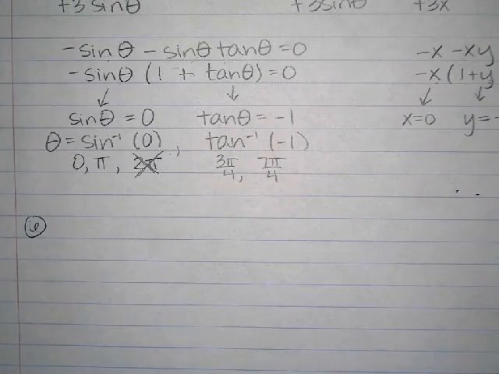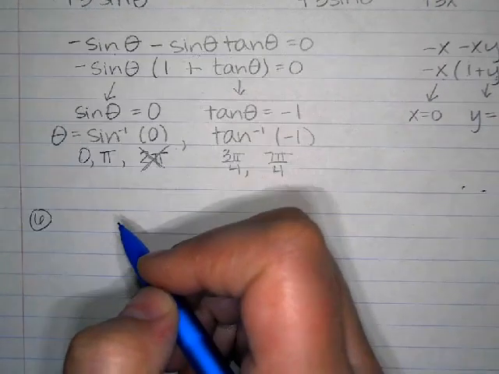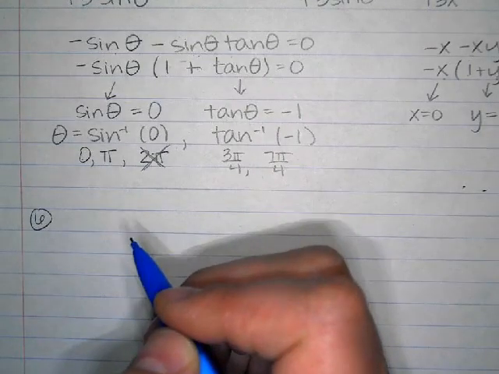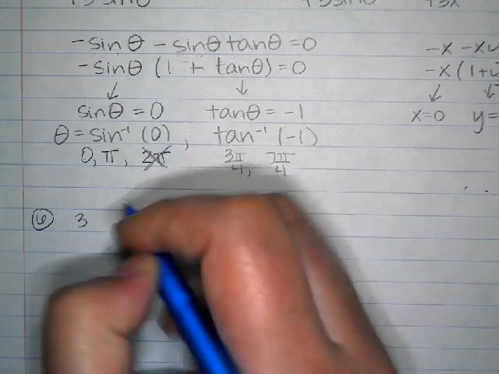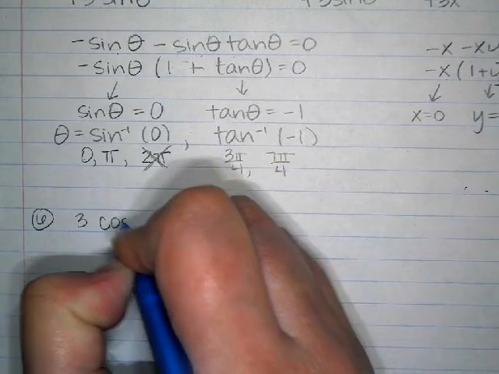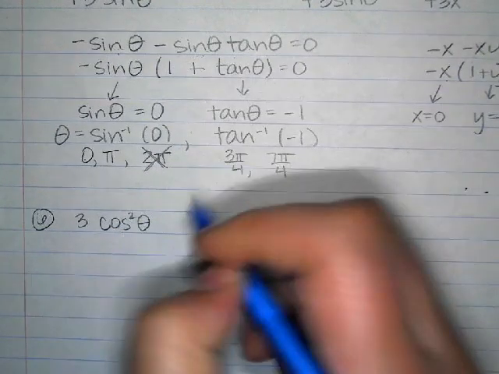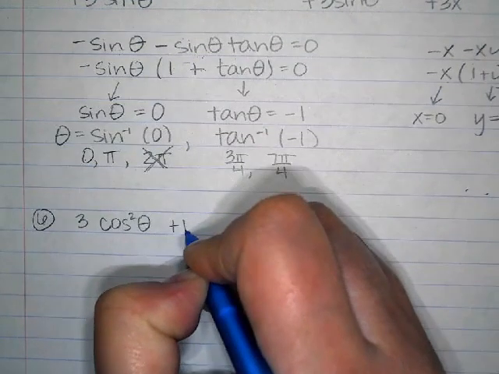Let's try one that has factoring in it, like regular factoring. So this one is 3 cos squared theta plus 1 equals 2 cos theta plus 2 cos squared theta.